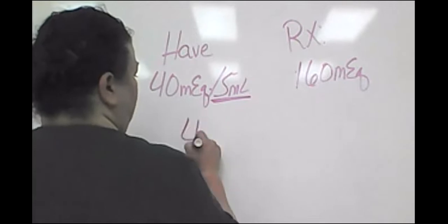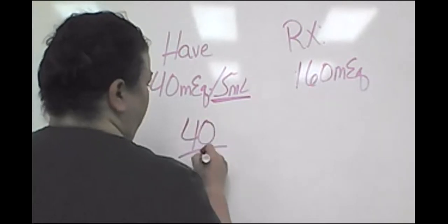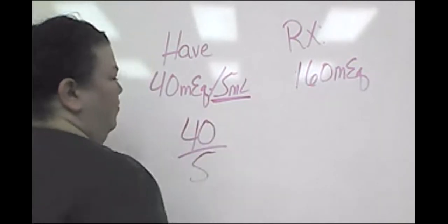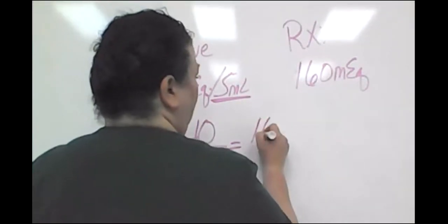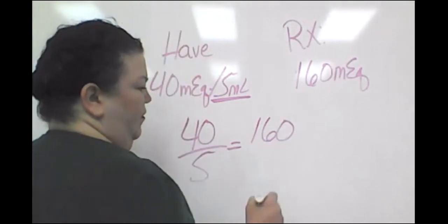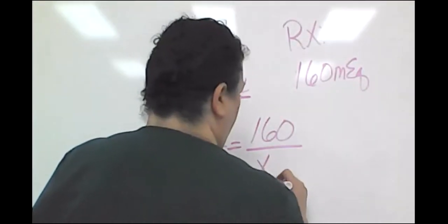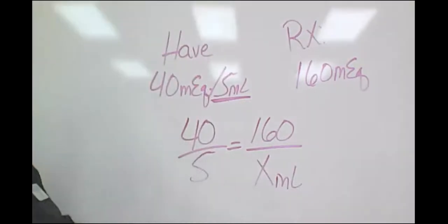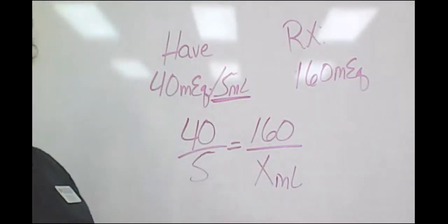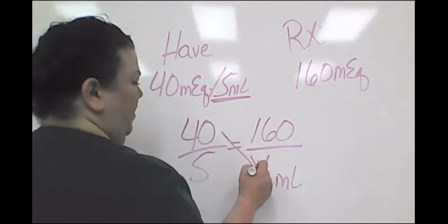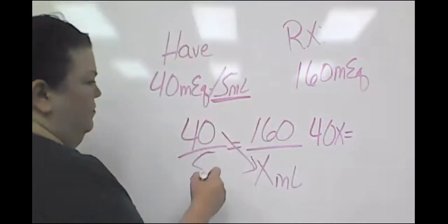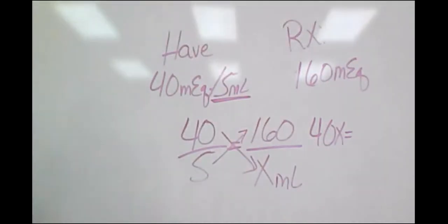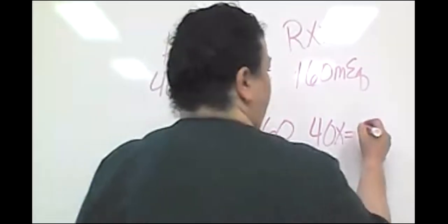So the other way to solve these is to set up a proportion. That's 40 milliequivalents over 5 milliliters. And we're going to set that equal to our RX order of 160 milliequivalents. And X becomes the milliliters that we're looking for. And then we will just cross multiply. 40X is equal to 5 times 160, which is 800.